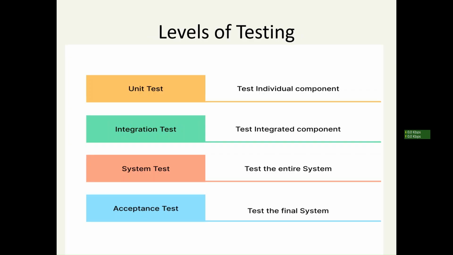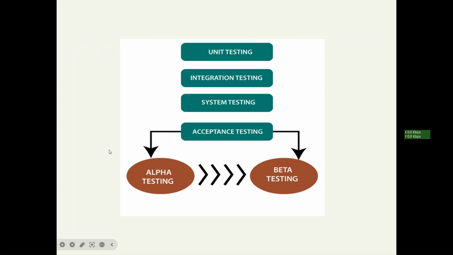The last one is acceptance testing. System testing and system integration testing are done by testers, but acceptance testing is done by end users. Sorry, customers, from the end user point of view. A customer is a person who buys a product.